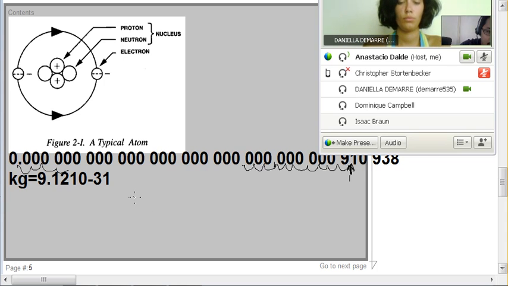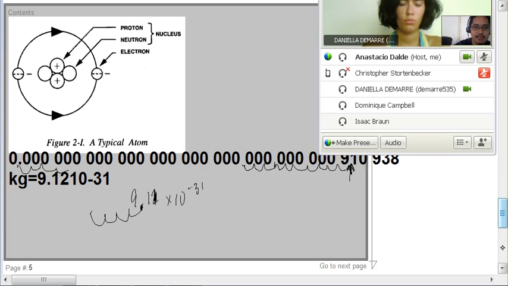So all you do is you go 9.12, and I'm going to round it off to, actually, that's a 9.11, isn't it? Times 10 to the negative 31. Because if I took this decimal and moved it 31 times to the left, like it's telling me to do, I'll get the number above. Do you agree? Good. That took us 5 minutes to do those 3 example problems.